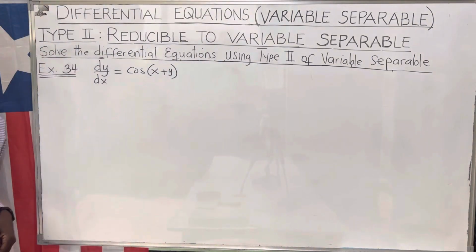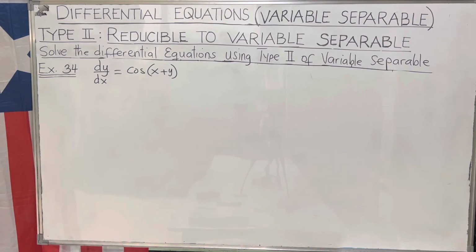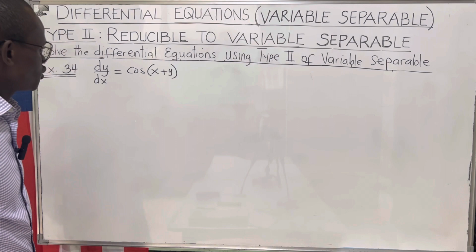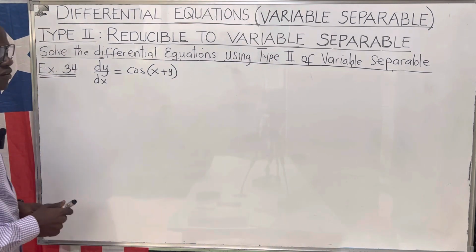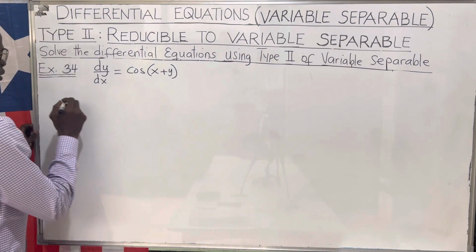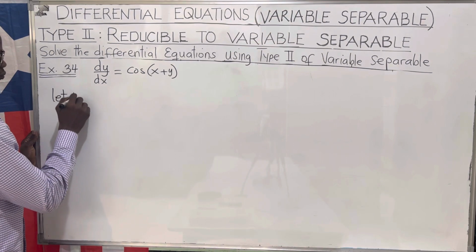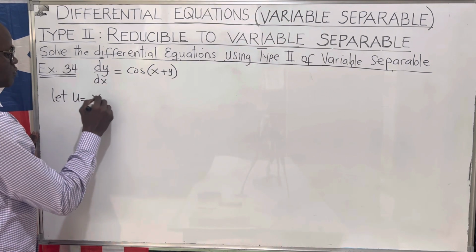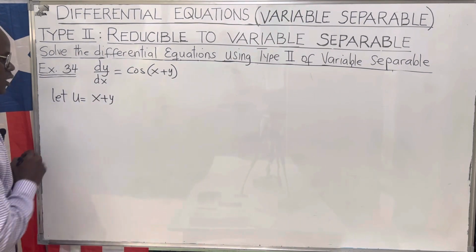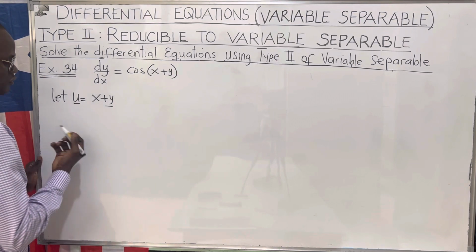Now, we have dy by dx equals cos of x plus y. So we bring in the substitution again, like the previous problem. We say let u equals x plus y. Then we differentiate u with respect to x.